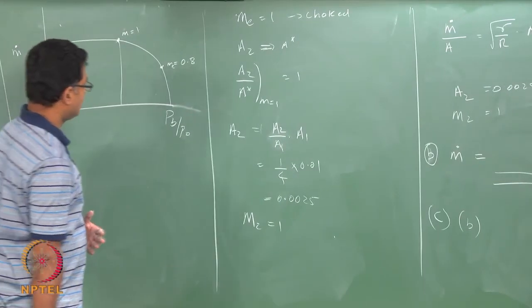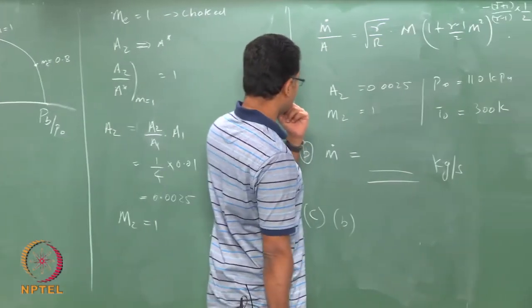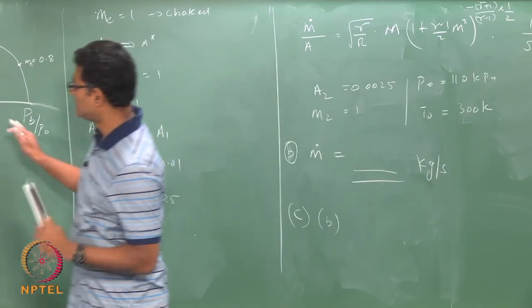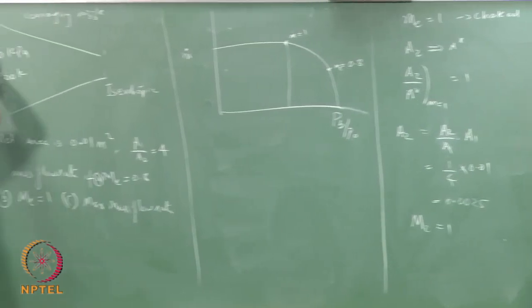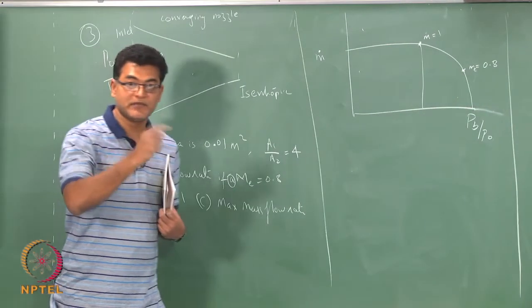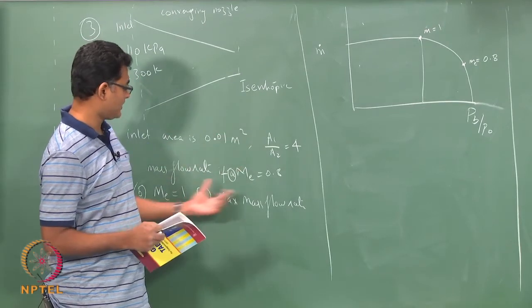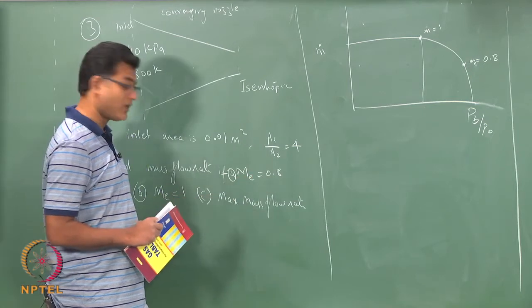So, that brings us to the discussion of maximum flow rate. The question is very simple. I can do the same problem by increasing my P0, which is what we had done in the previous question. Here somehow I have attained 0.8, I did not tell you how I have attained 0.8 and 1.